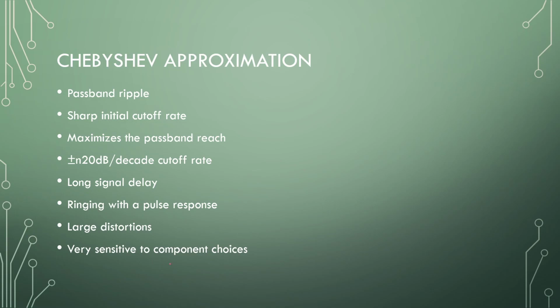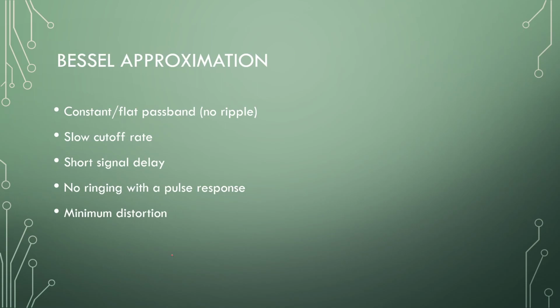Okay, also the Bessel, but the Bessel is not as sensitive to a couple of ohms difference in component choice. Okay, so Bessel has a constant passband with no ripples. It has a very slow cutoff rate. It has short signal delay. There's no ringing in the pulse response, and there are absolutely no distortions.